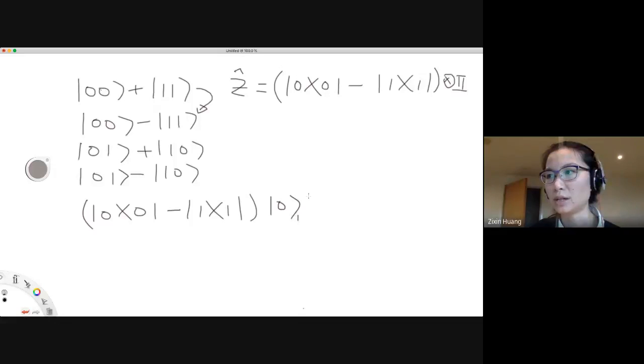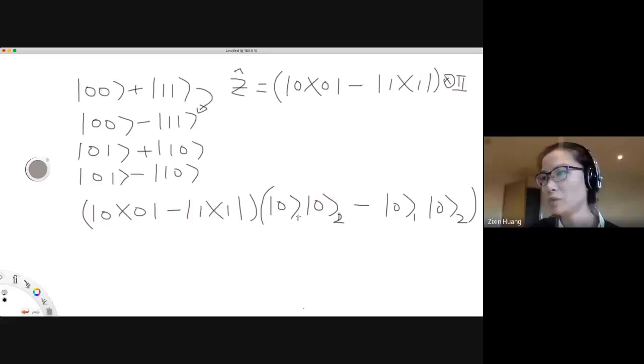Sorry, I'm just writing this out slightly more carefully. This should be qubit 2, with subscripts 1 and 2 labeling qubit 1 and qubit 2.